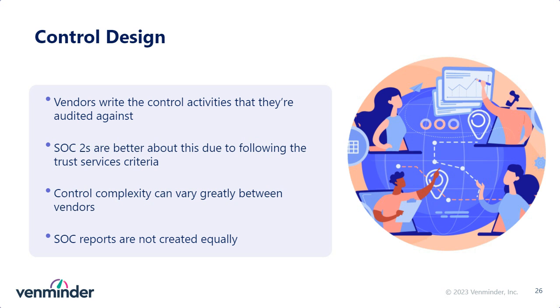The reason I bring this up, though, is because controls can really run the gamut of complexity. Vendor A might say logical access is in place. Vendor B might say logical access is in place and then have 5 controls after that that outline the password parameters, the access reviews, the different time frames for termination, and those are all individually tested.